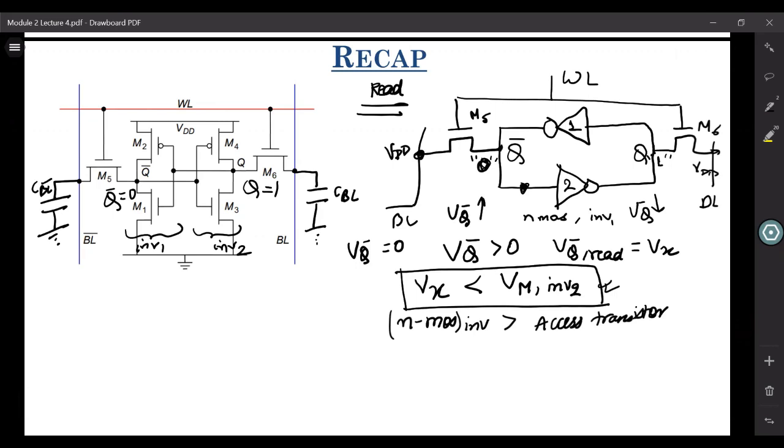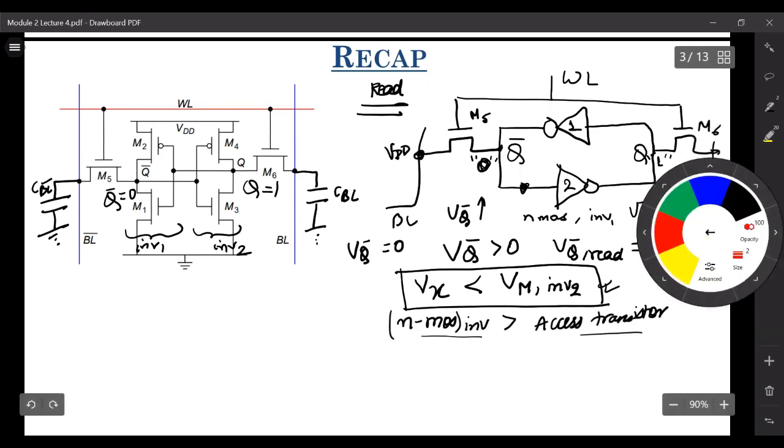We wanted the pulling strength of NMOS towards ground to be high compared to the access transistor strength. So this was the condition during the read operation. This was the constraint on the sizing of the NMOS of the inverters with respect to the access transistors. Now let us look at the write operation.